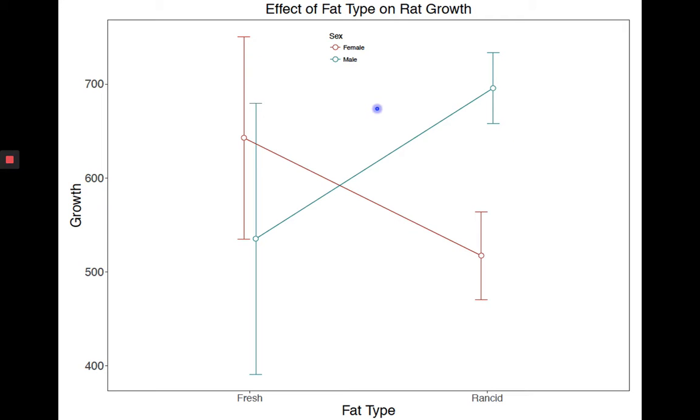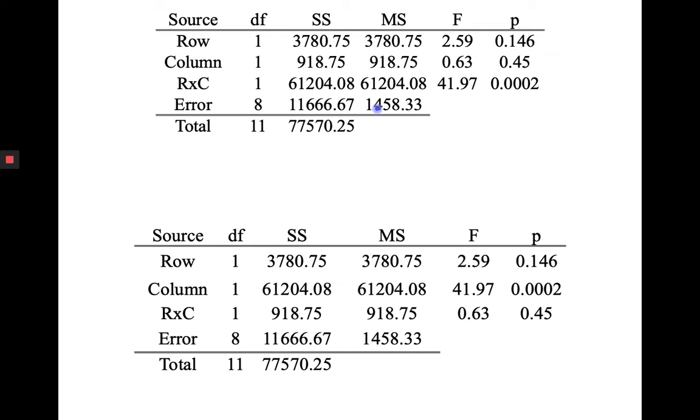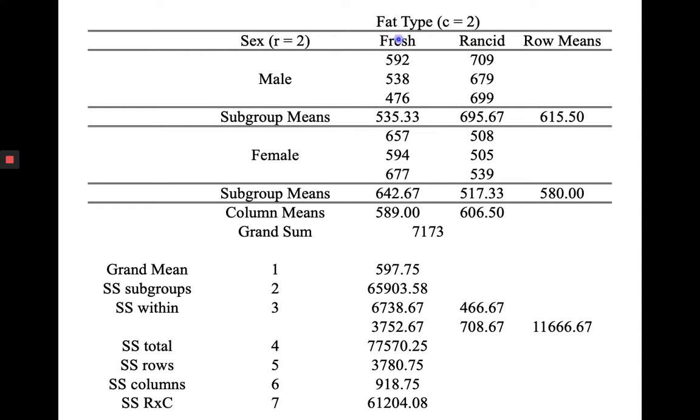So for this situation, we had fat type, which was fresh and rancid. We had sex, which is male and female. There are only males and females among rats, and the researchers were only interested in fresh versus rancid, and so we would treat both of these as fixed effects rather than random effects. We talked before spring break about the difference between fixed and random effects.